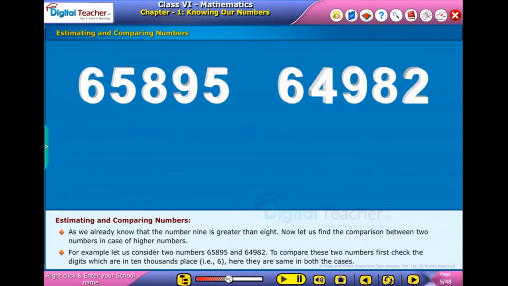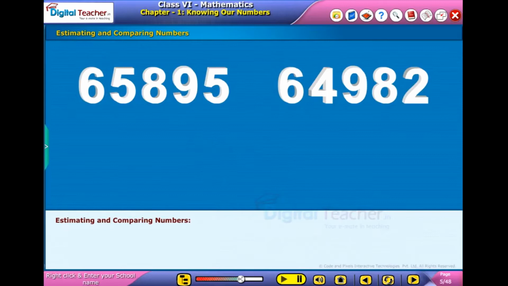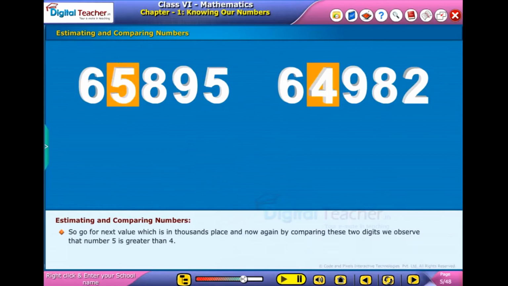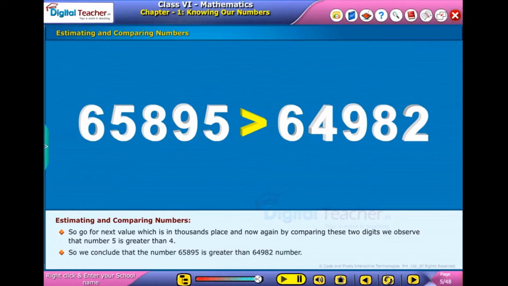To compare these two numbers, first check the digits which are in 10,000s place, that is 6. Here they are same in both the cases. So go for next value which is in thousands place, and now again by comparing these two digits, we observe that the number 5 is greater than 4. So, we conclude that the number 65895 is greater than 64982 number.